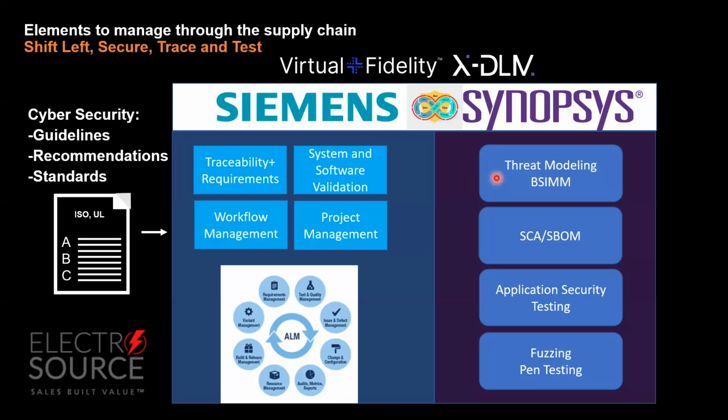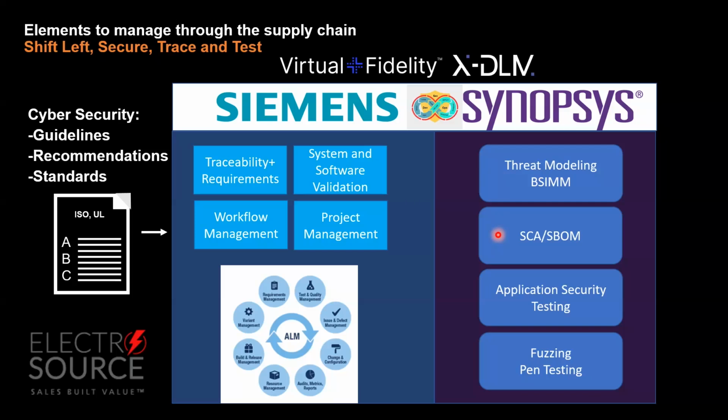Synopsys provides a suite of tools and services to secure the software, starting with threat modeling and the Building Security In Maturity Model, or BSIMM. This is about shifting left in planning for use cases and security assessments to achieve the desired objective for security in one's architecture. Software composition analysis is about scanning your software so you know what's in it.